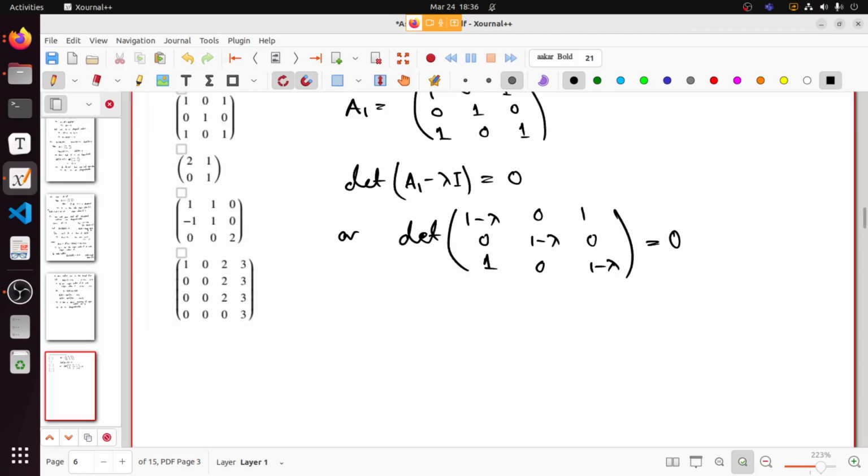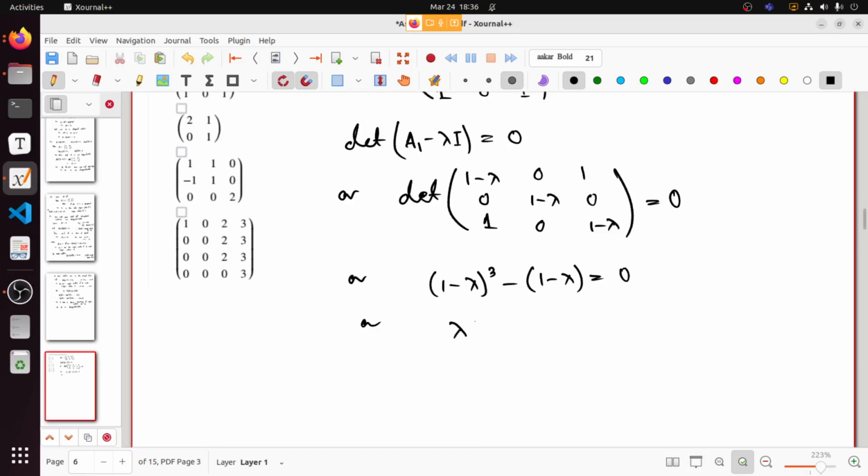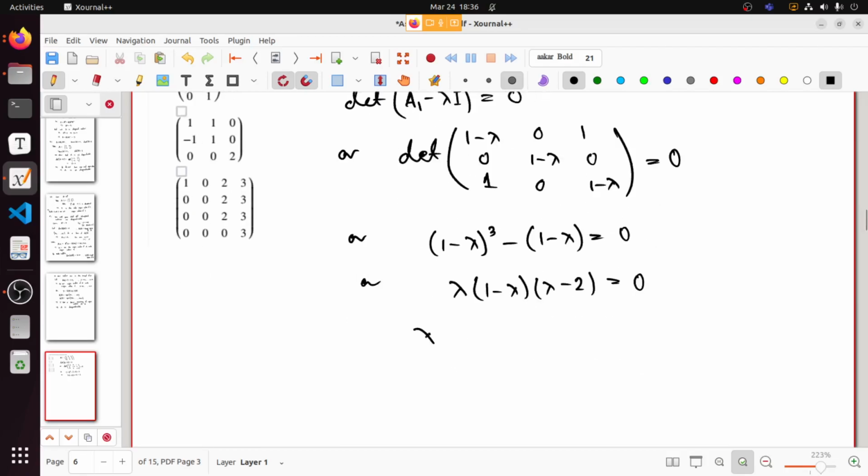If you compute the determinant, you will get (1 minus lambda) cubed minus (1 minus lambda) equals 0. If you solve this, what will you get? You will get lambda (1 minus lambda)(lambda minus 2) equals 0. So A has the eigenvalues 0, 1 and 2.